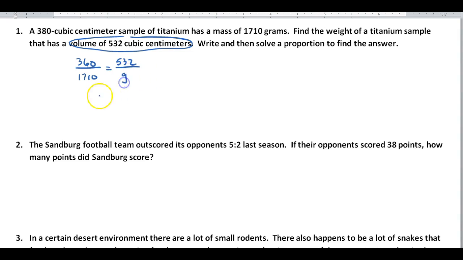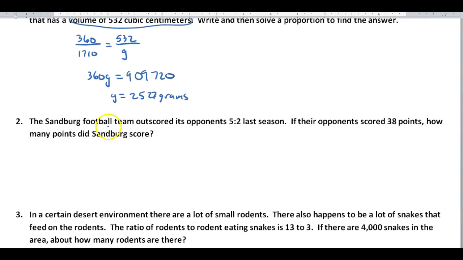So that's going to be G. So cross multiply, 380G equals 1,710 times 532, which gives you 909,720. When we divide by 380, you get about 2,527 grams.